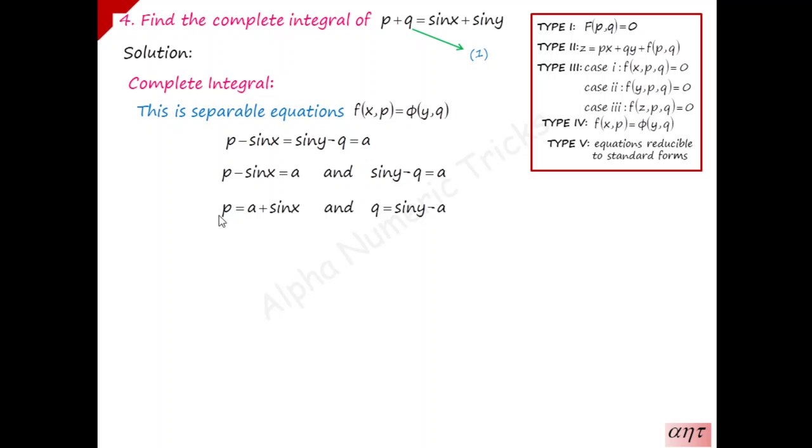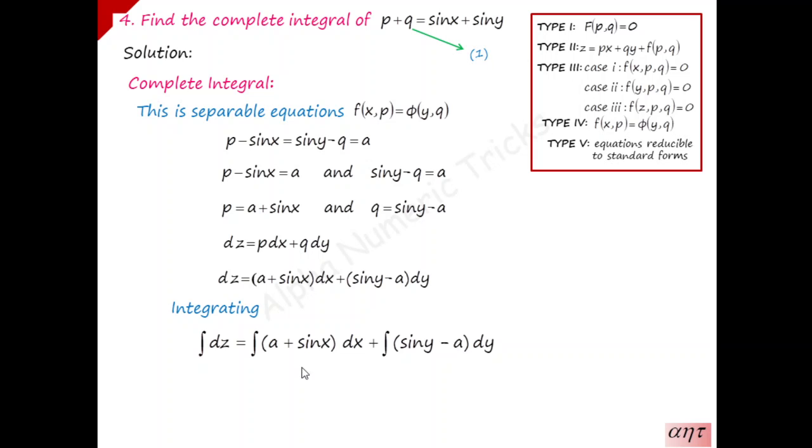From this, p is equal to a plus sin x, because when you take minus sin x to the right hand side it becomes plus sin x, and q is equal to sin y minus a. Now these values of p and q are substituted in dz is equal to p dx plus q dy. So dz is equal to a plus sin x into dx plus sin y minus a into dy. You have to integrate this.